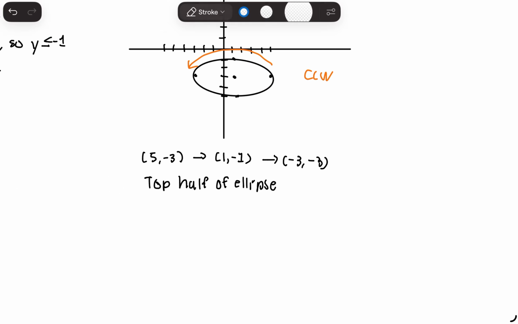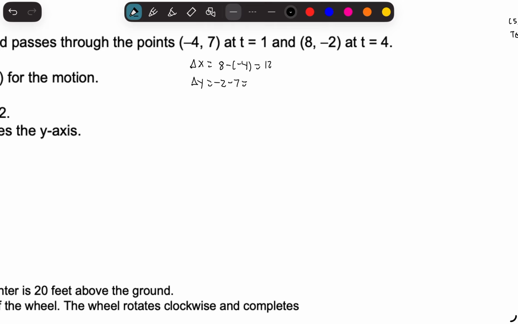So, we know we have to find the change in these two coordinates that we were given. So, change in x is going to be 8 minus negative 4. And change in y is negative 2 minus 7. Change in time is equal to 4 minus 1. As you can see here.